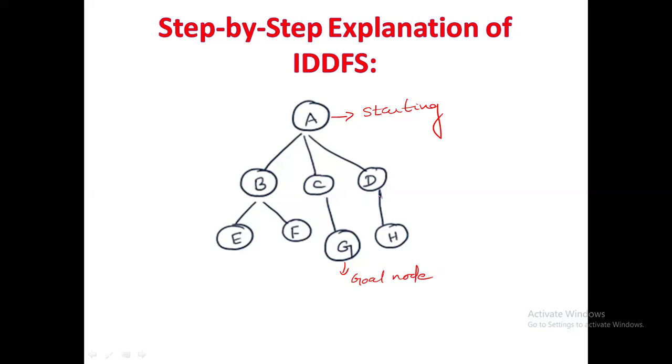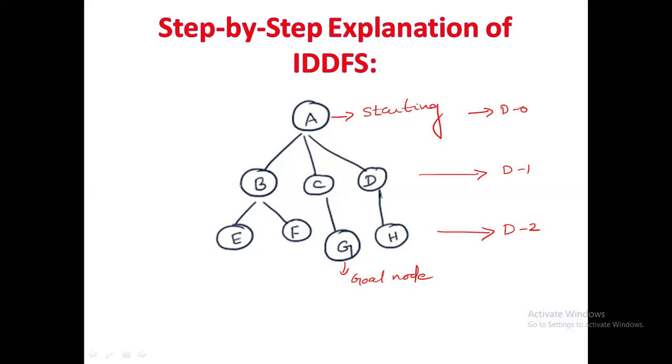The goal is to find the goal node G, which is located at depth 2 in the tree. This is depth 0, this line is depth 1, and the goal node is situated at depth level 2 in the tree.